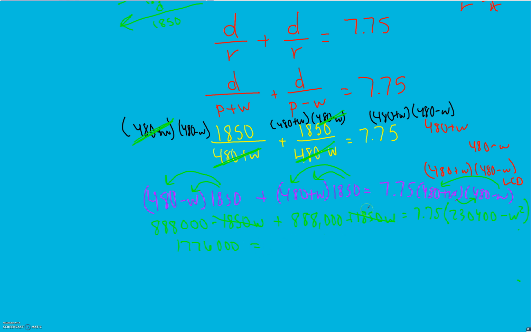And over here I'm going to distribute 7.75 times 230,400 gives me 1,785,600 minus 7.75 W squared. Just distributed. Get my variable by itself by subtracting.